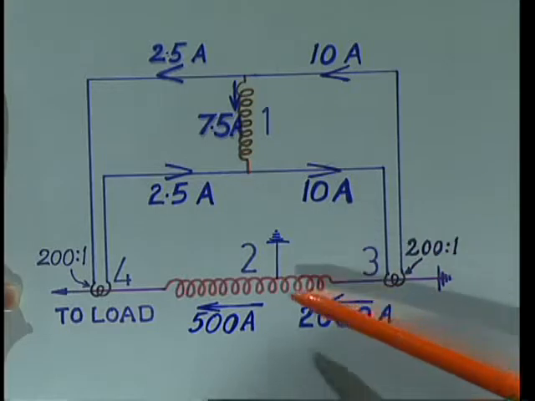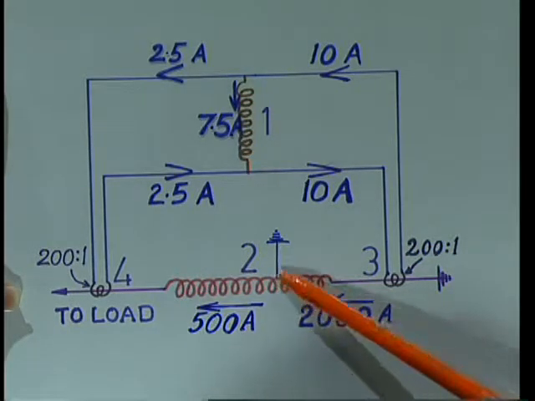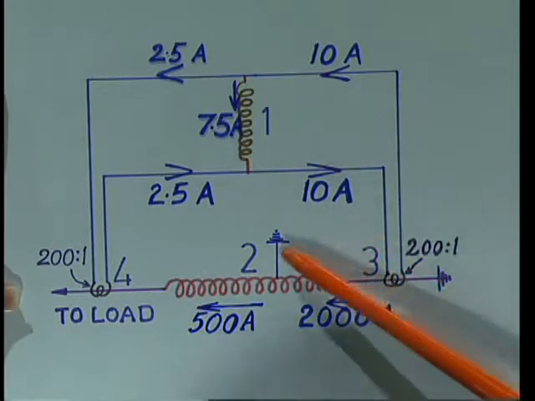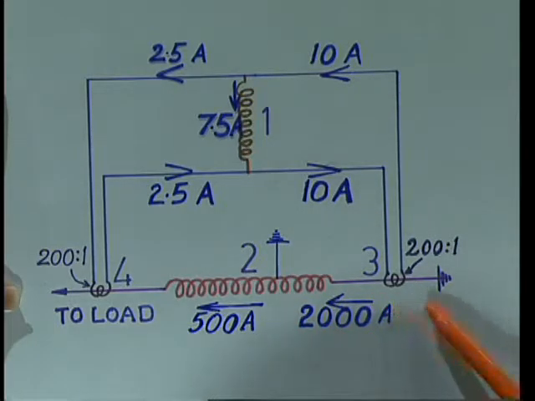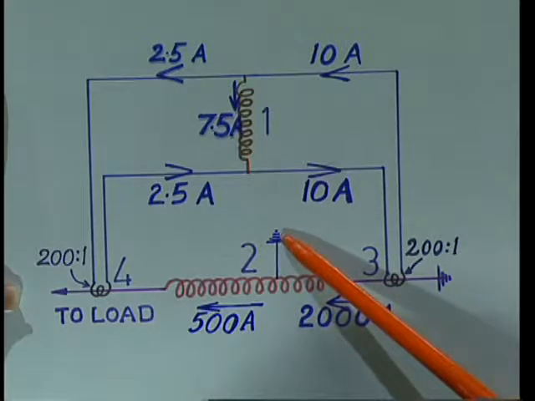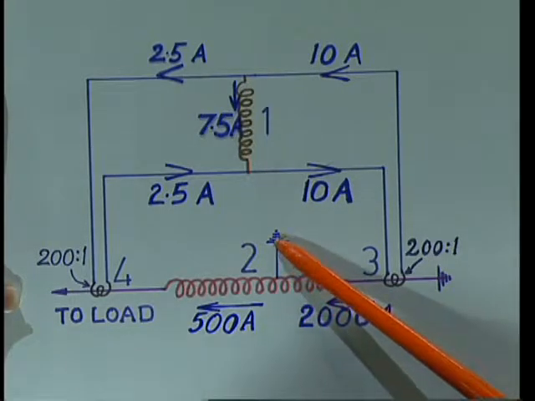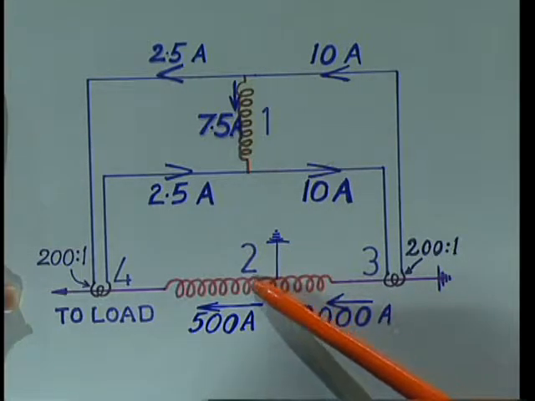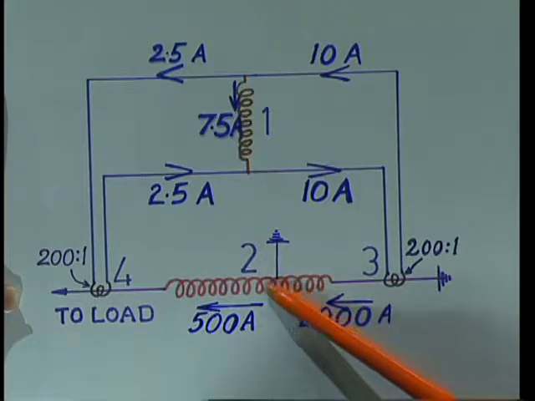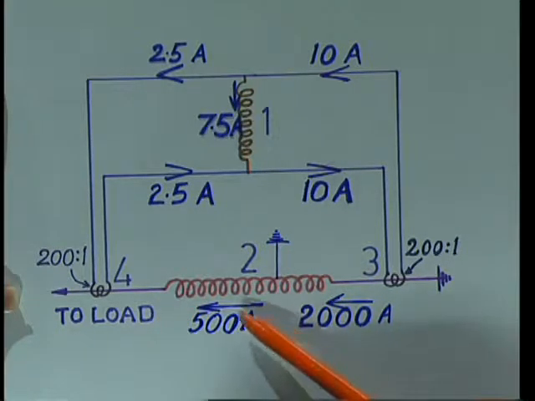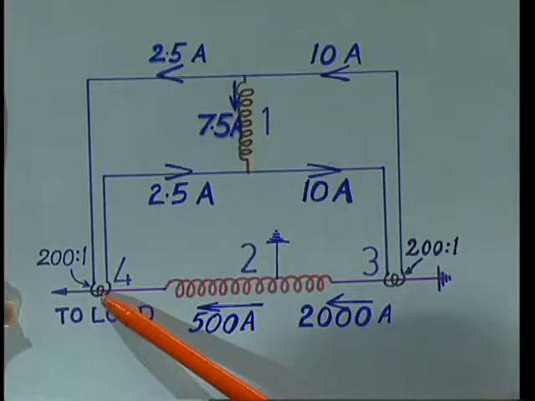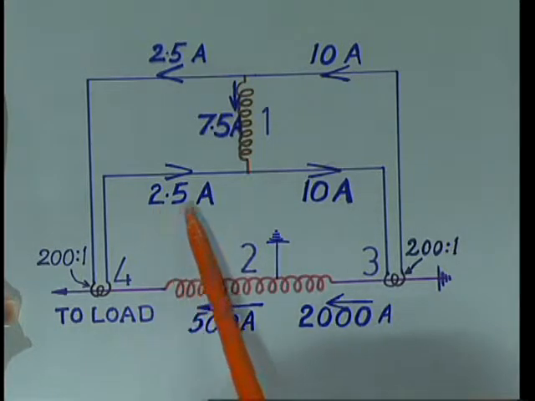So here on the alternator winding, the earth fault comes. In this way, the earth fault point is fed 2000 amperes. In this way the current flows outside this fault point 500 amperes. So this 500 amperes flows through this CT, and the secondary of this CT gives us 2.5 amperes.